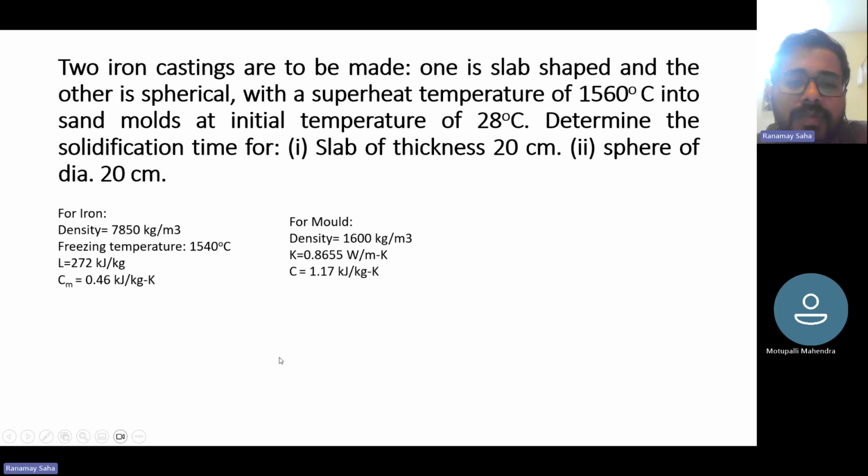Similarly for the mold, you have a density of 1600 kg per meter cube, a thermal conductivity K of 0.8655 watt per meter Kelvin, and a heat capacity of 1.17 kilojoule per kg Kelvin. Let's try it out, and then I'll show you the solution. Take care that only the superheating process is considered in this problem. Try it out and then we'll discuss the solution.